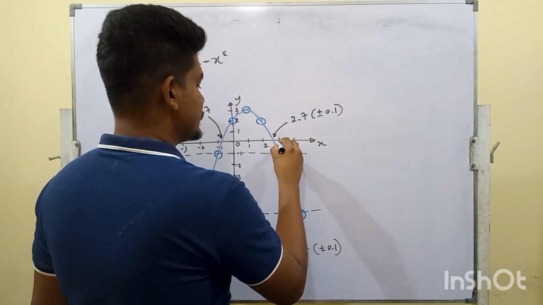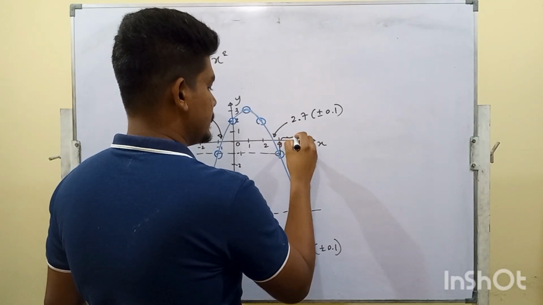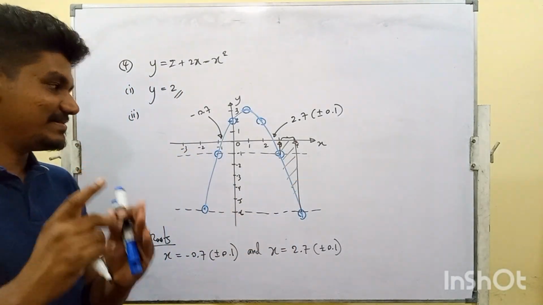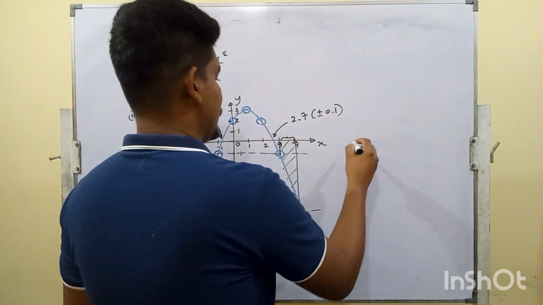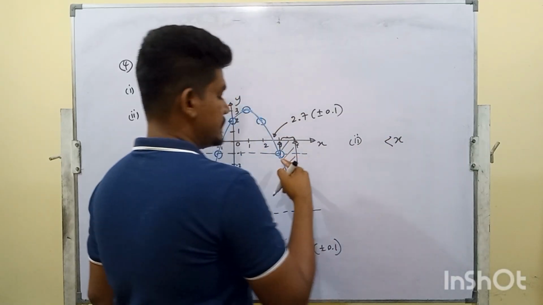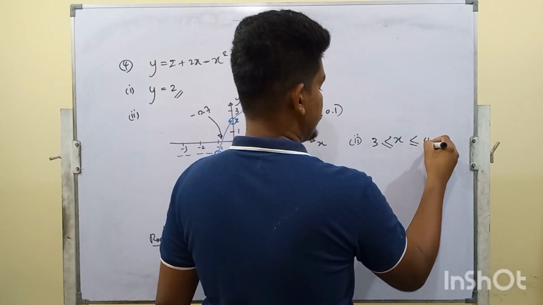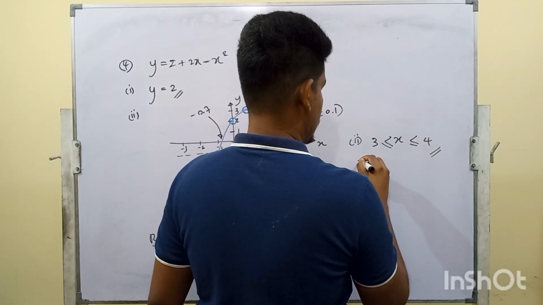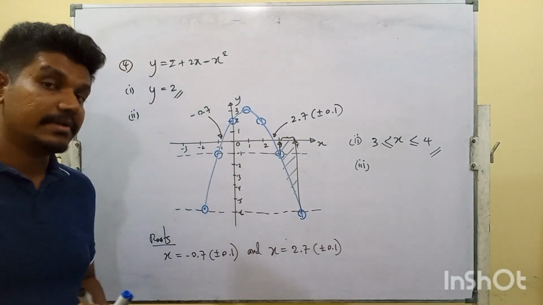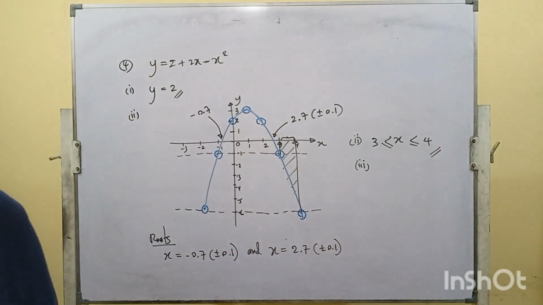Here the x value is 3 and at this point the x value is 4. That should be the range of x values. So x is larger than or equal to 3 but less than or equal to 4. We have to put that equal symbol as well, since in the question the equal symbol is given. Therefore you have to put the equal symbol.